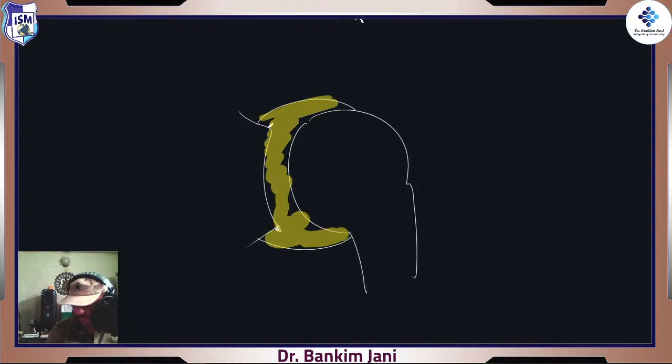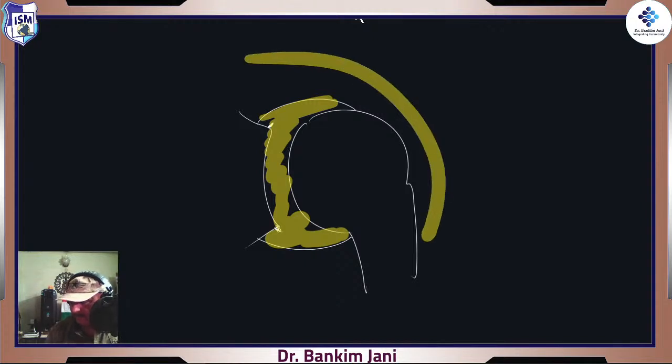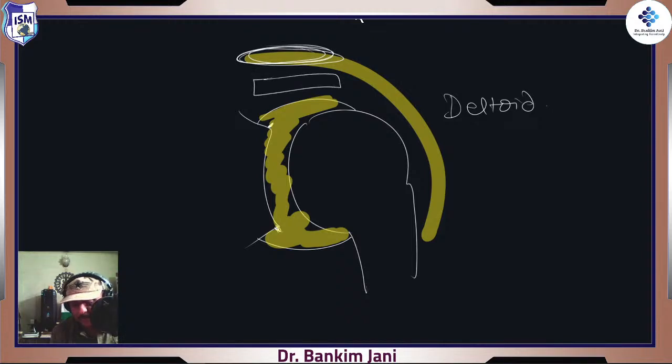That's how the whole thing is covered by the deltoid. And over here, this was the acromion process, and this is the location of the bursa. That's the location of the bursa, so important. And this is the subacromial bursa.